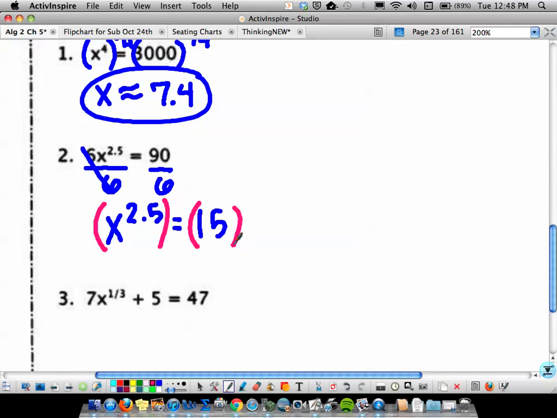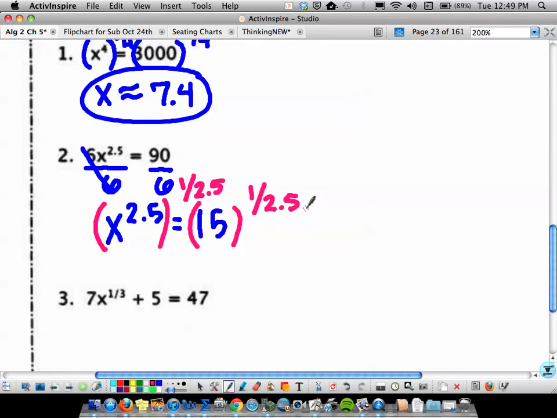The easier way is that if we just have 2.5, we can raise both sides to the 1 over 2.5. Now I know that 1 over 2.5 is really not a fraction that's allowed because there's a decimal attached, but we're going to go ahead and use it anyway.